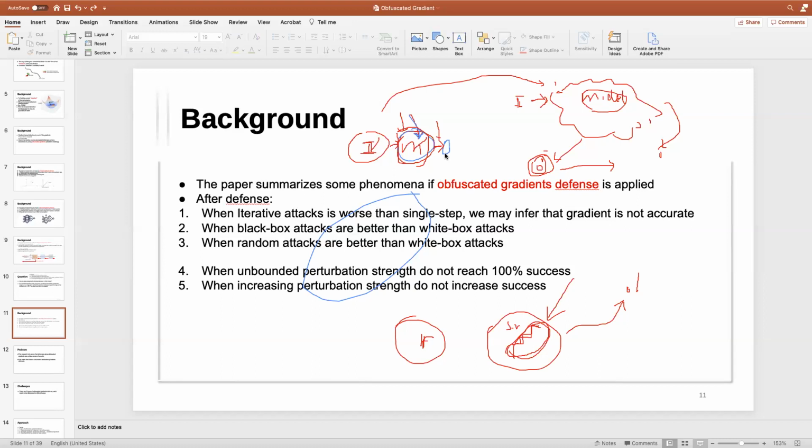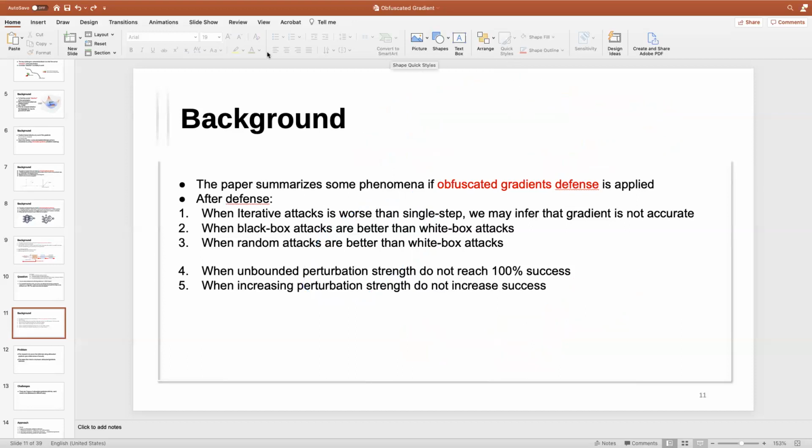But since we already have phenomena, I'm just raising the question why we only leverage the phenomena to infer the obfuscated gradient defense. Why not we dive into the details? Yes, I will introduce that later. This is only the background section. Okay. Let's see how far we go, because I'm thinking about another research opportunity there.